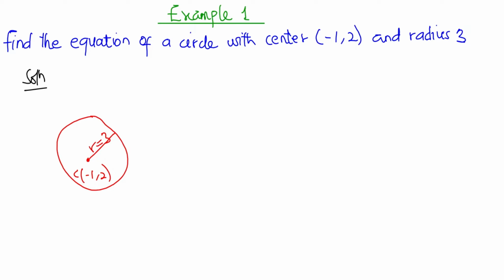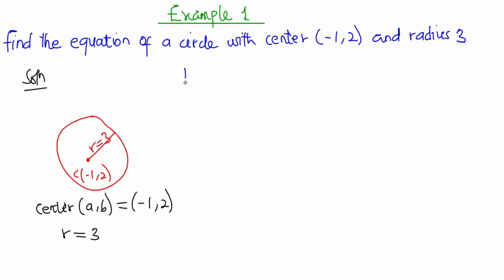Remember, from the equation of a circle, we said that the center, that is (a, b), is given as (-1, -2), and then the radius is equal to 3.